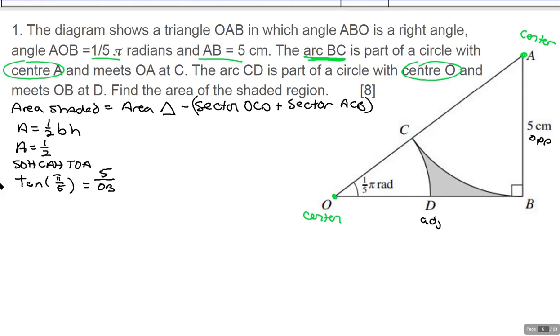And then what am I going to do? You'll do 5 divided by tan. Yeah. At the end of the day, I'm going to end up with 5 divided by tan pi over 5. Does that make sense? Yeah.